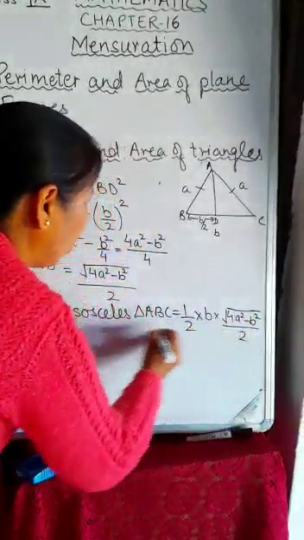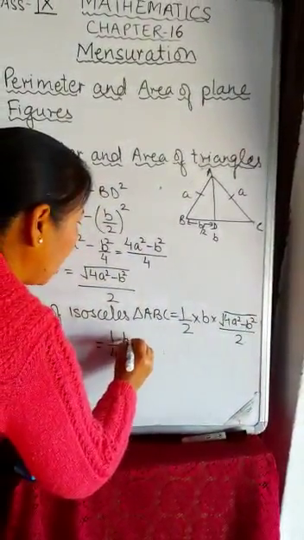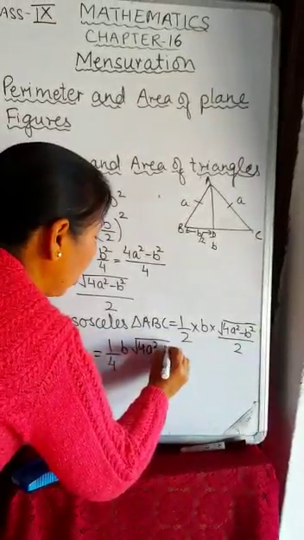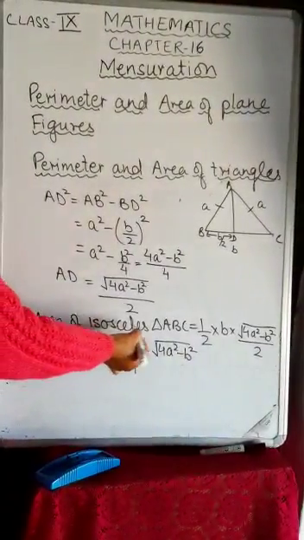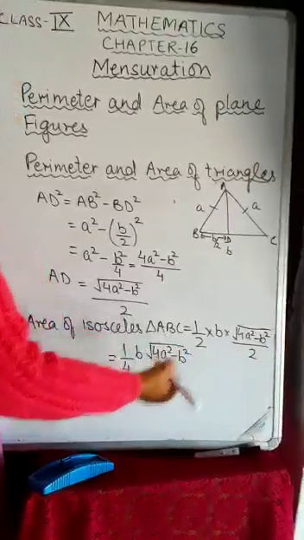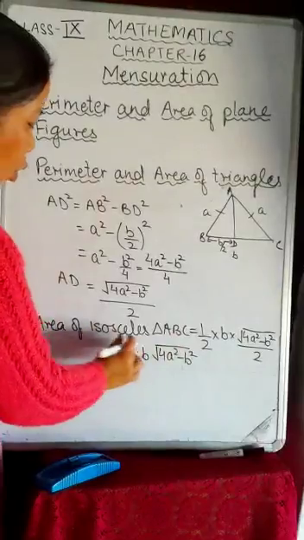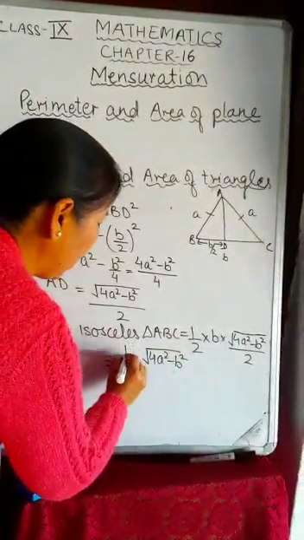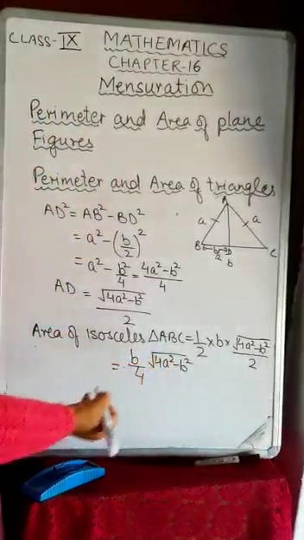When this 2 and 2 are multiplied, it will become 1 upon 4 b under root 4a square minus b square. So this is the formula to find the area of an isosceles triangle, where b is the base and a is the equal side. So the area of an isosceles triangle is 1 by 4, or we can write b upon 4, b upon 4 under root 4a square minus b square.